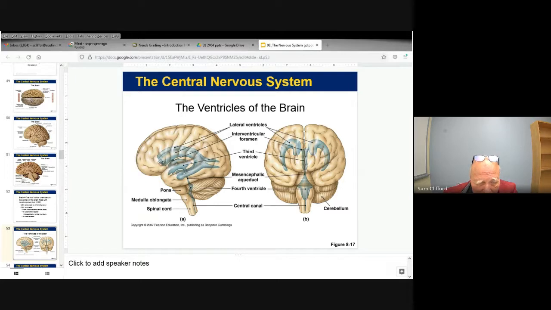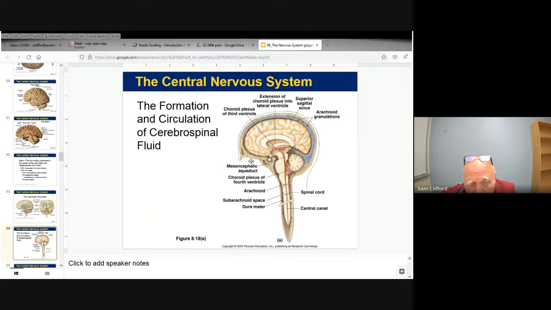They have superior locations, and the third ventricle dips down below, so you have these connected cavities where cerebrospinal fluid is produced and circulated. These ventricles that contain the cerebrospinal fluid are very important. The brain tissue relies on its blood supply and the cerebrospinal fluid circulation.